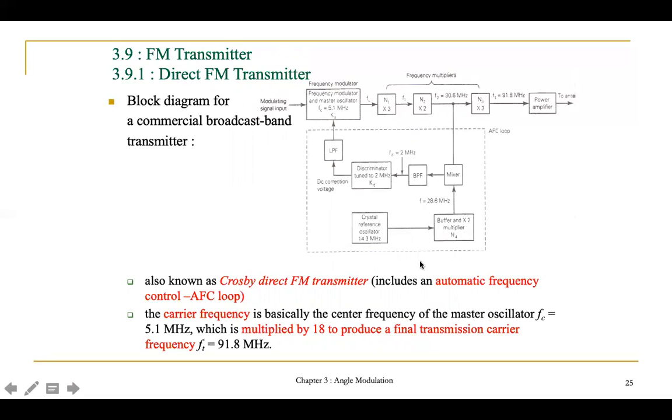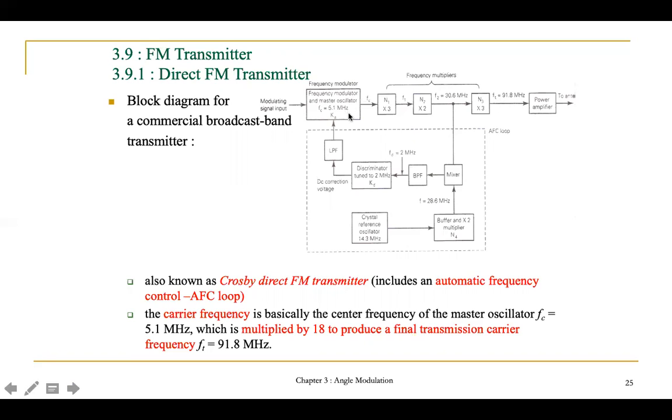For direct FM transmitter, we have the AFC loop. Stated here, the carrier frequency is basically the center frequency of the master oscillator. So your carrier frequency FC is 5.1 megahertz, which is multiplied by 18 to produce a final transmission carrier Ft equals 91.8 megahertz.